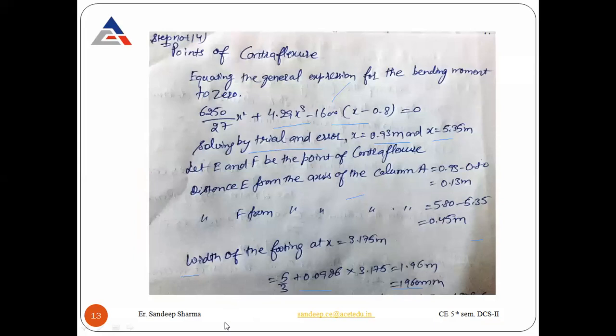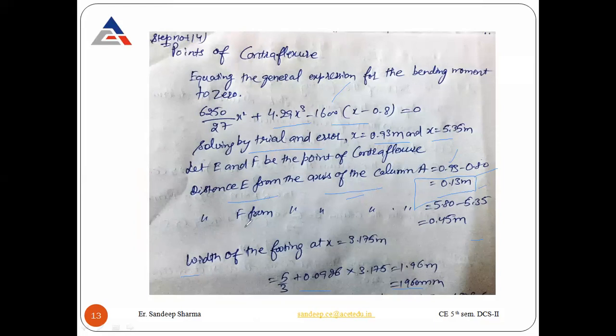Let E and F be the points of contraflexure. The distance of E from the axis of column A, after subtracting the projection from the 0.93 we are getting from the left edge, you will get 0.13 meter.